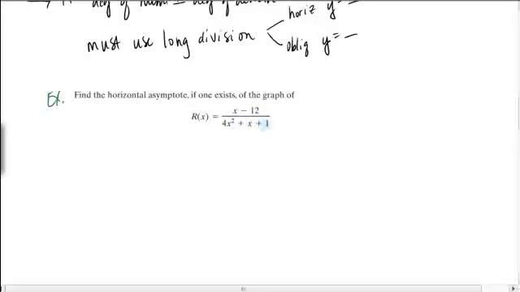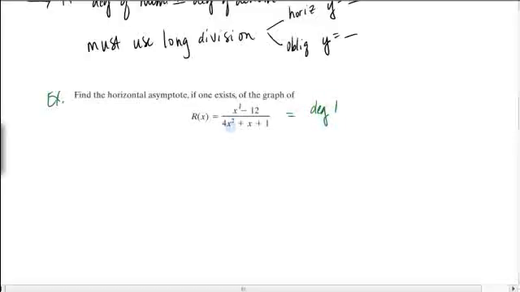So you can see that this is written in descending order, and to determine the degree of the numerator or the denominator, all I do is look at this leading variable. In the numerator, x is raised to the first power, so this polynomial is of degree 1.